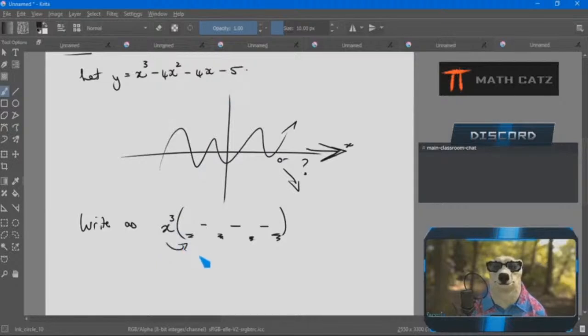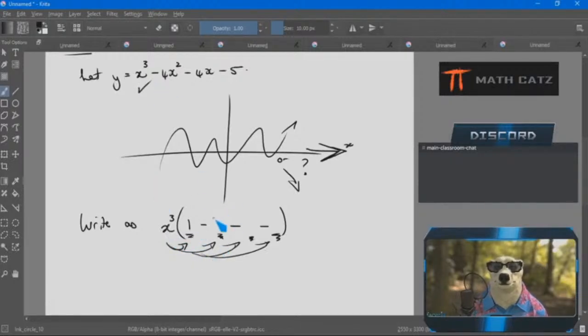When I multiply the x cubed in, I'm going to have to get x cubed minus 4x squared and so on back. Oh, stupid truck outside. Hopefully you can still hear me. So the very first term is going to have to be a 1, right? So when I multiply it in, I get x cubed back.